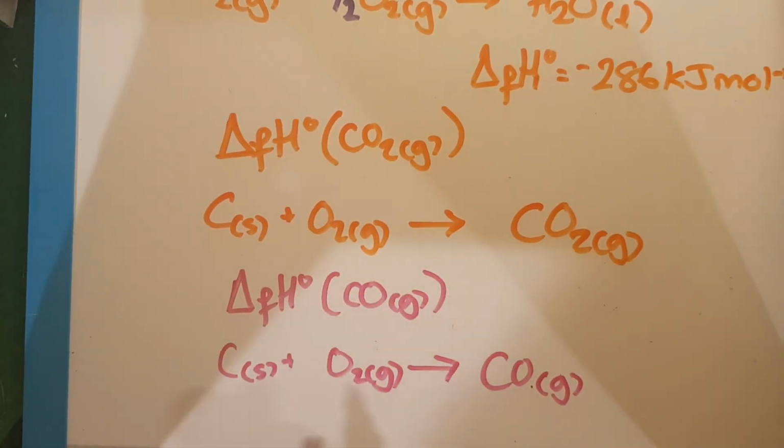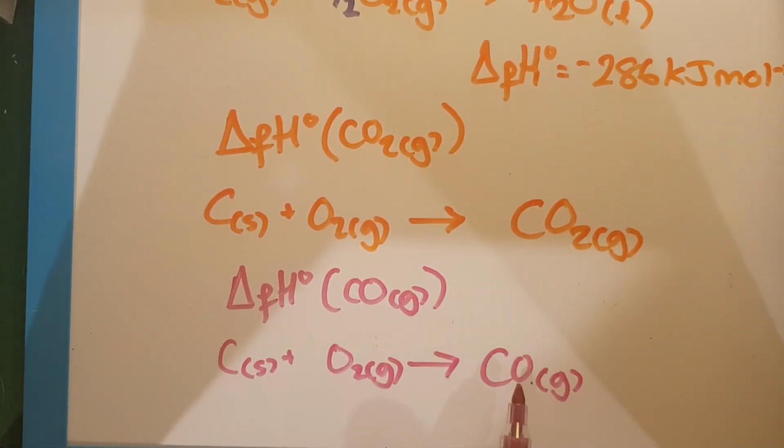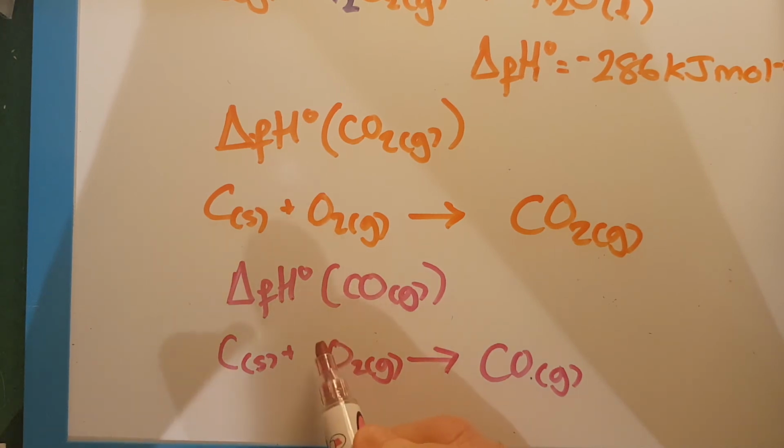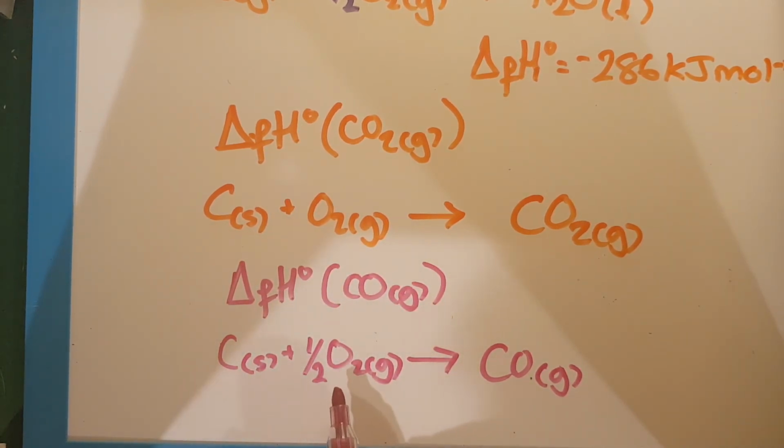Now, to balance this, I'd need 2 of these to balance out the oxygens, but I'm only allowed 1 of them. So instead of doubling this and this, instead I halve the amount of that. So I've only got 1 mole of oxygen atoms because it's half a mole of O2 molecules. And on this side I've got 1 mole of carbon atoms, 1 mole of oxygen atoms, so it is completely balanced.